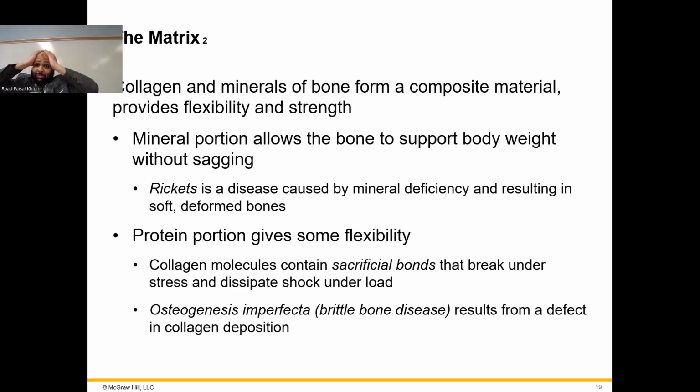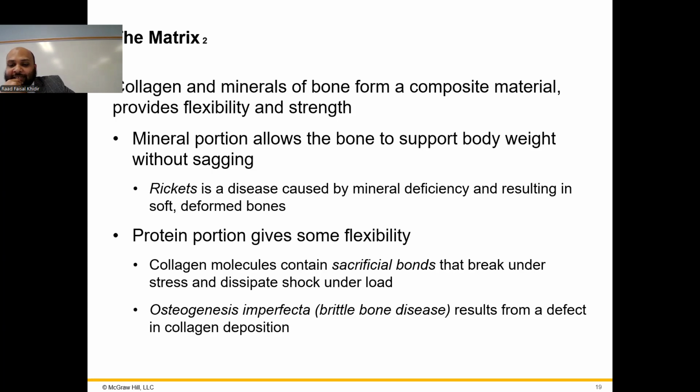Collagen and minerals of bone form a composite material that provides flexibility and strength. The mineral portion allows the bone to support the body weight without sagging.